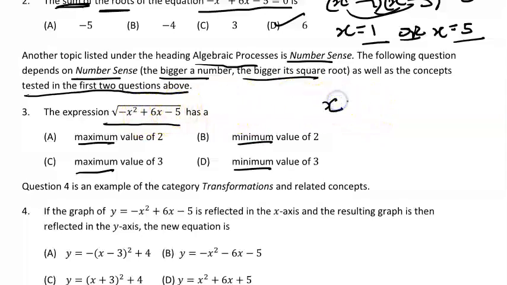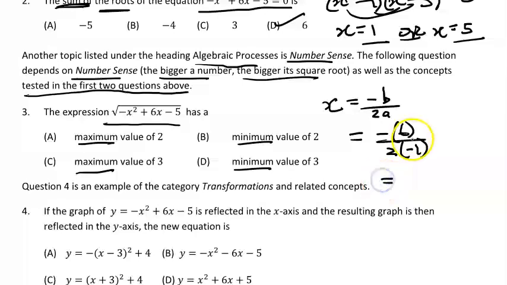The easier way is x equals minus b over 2a, and that would be minus 6 over 2 times minus 1, which is equal to minus 6 over minus 2, which is equal to 3. Now substitute that into the original equation.